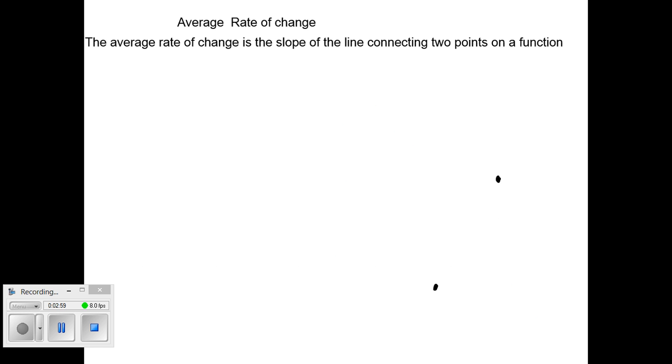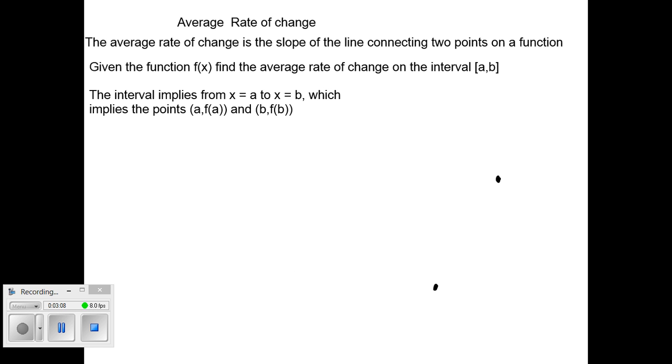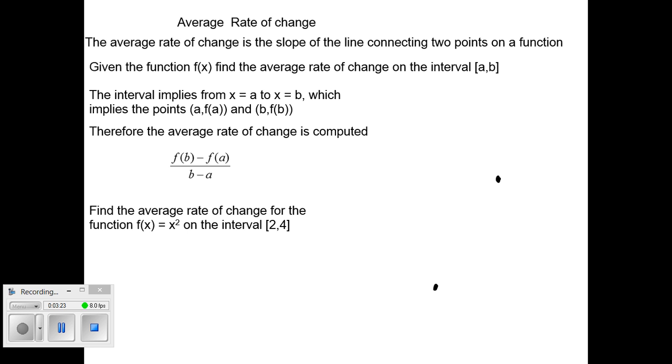We're asked to find the average rate of change of a given function on the interval a to b. As I said, the interval implies from x equal a to x equal b, which implies the points a, f of a and b, f of b. Therefore, the average rate of change is computed in this sense.